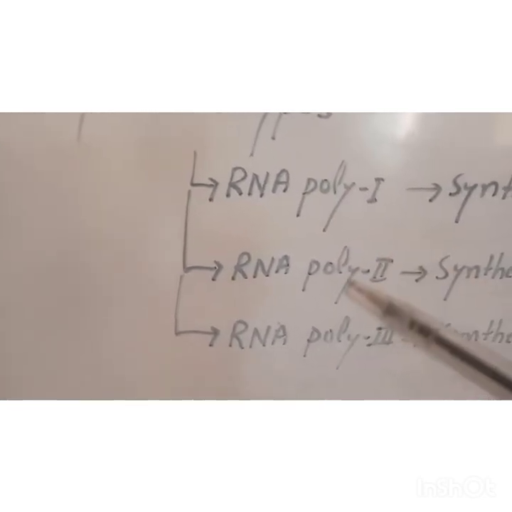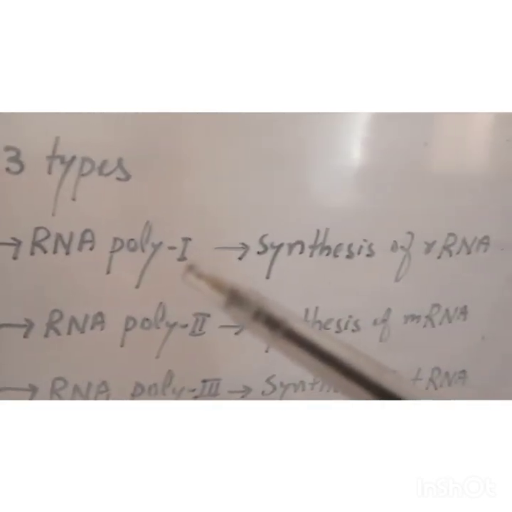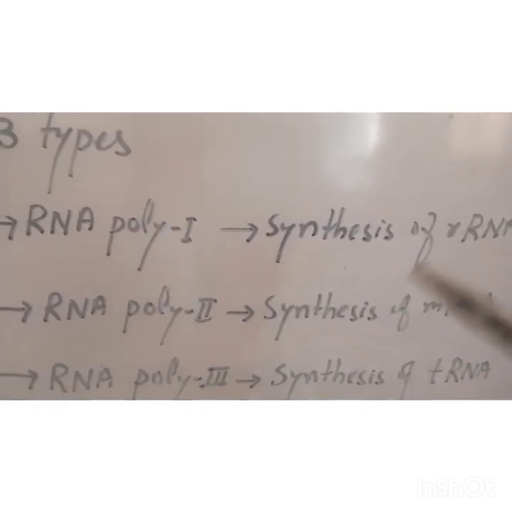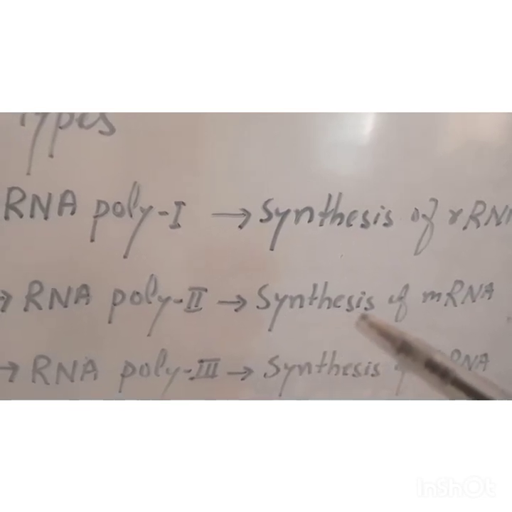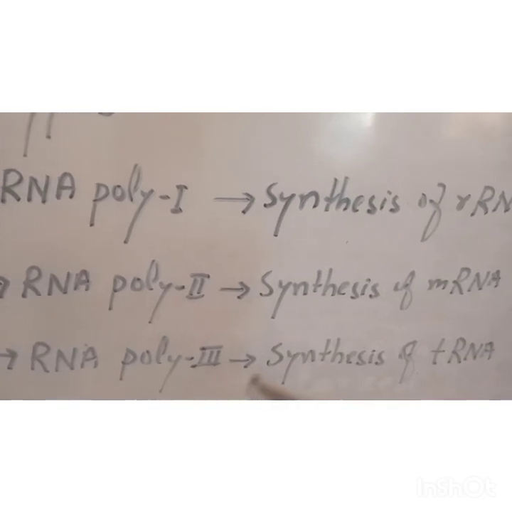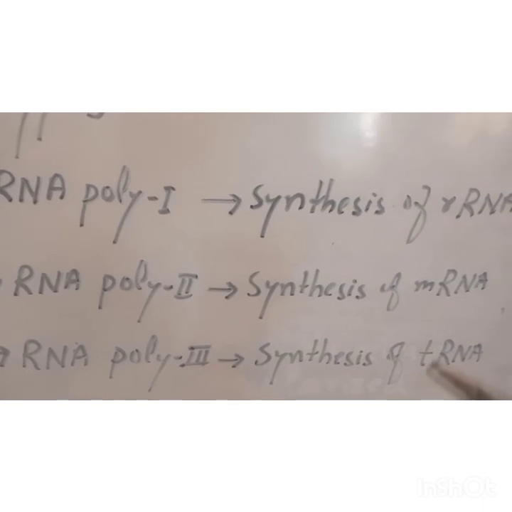These are RNA polymerase 1, RNA polymerase 2 and RNA polymerase 3. RNA polymerase 1 helps in the synthesis of ribosomal RNA, while RNA polymerase 2 helps in the synthesis of messenger RNA, while RNA polymerase 3 helps in the synthesis of transfer RNA.